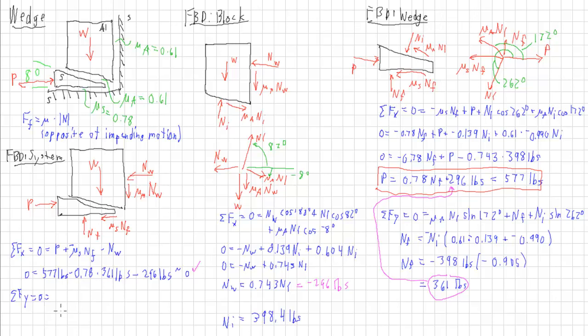And we have the weight coming down, minus 180 pounds. Add to that the normal force at the floor going up, and subtract from that the frictional force at the wall.